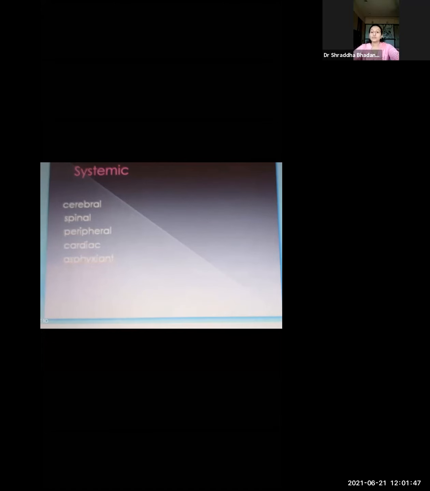Okay, so in this group also two types are there. Cerebral depressants and cerebral stimulants, right? In depressants, those substances which cause depression of overactivity of your brain will be included, like anesthetic substances, analgesic substances, alcohols, and sedatives.